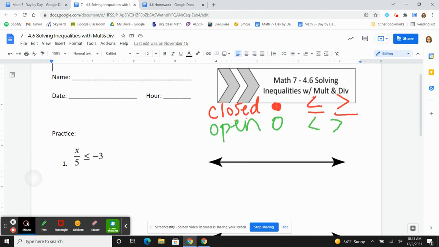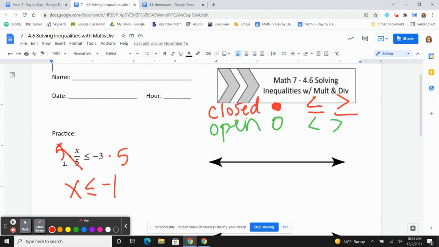So we have x divided by 5 less than or equal to -3. Okay, what is the opposite of division? Multiplication. So we are going to multiply this by 5 to cancel it out over here. And then we're also multiplying this side by 5. So x is less than or equal to what, Emmett?